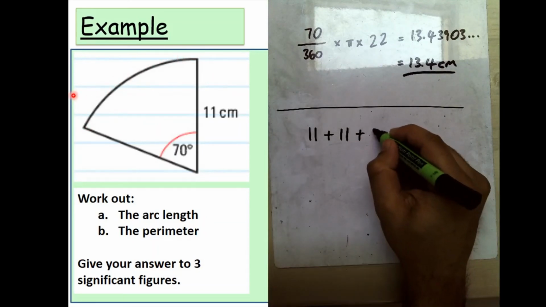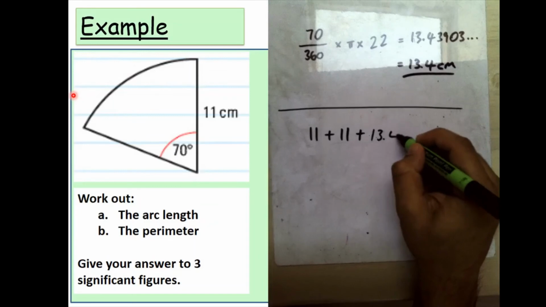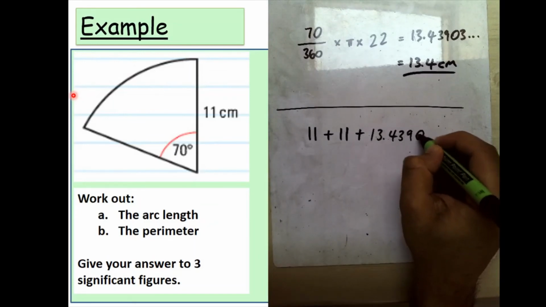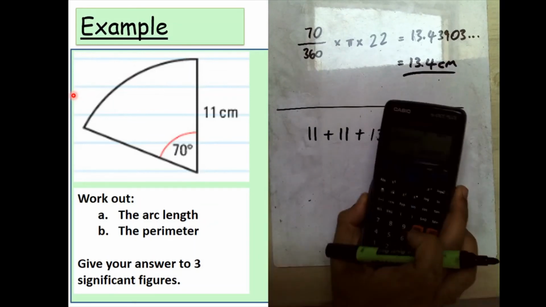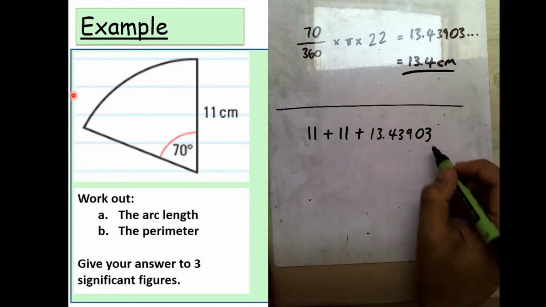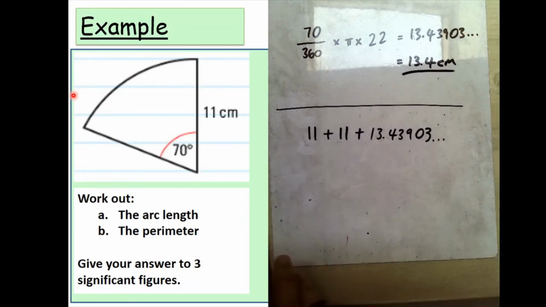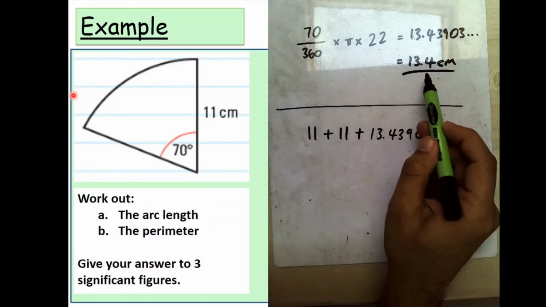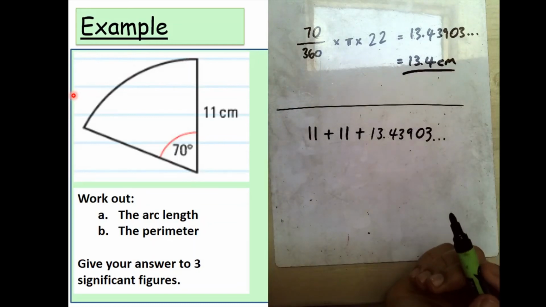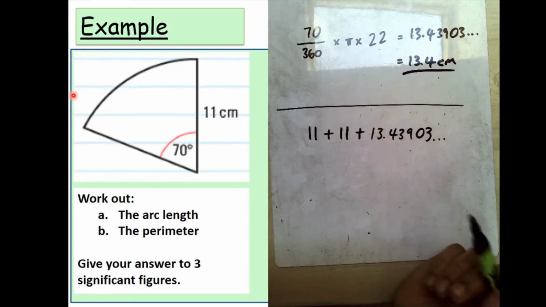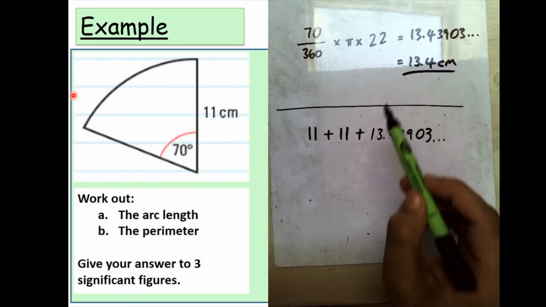So I am going to use the answer that's on my calculator. I haven't gotten rid of that answer from my calculator. The reason we do this is to preserve the accuracy of the answer. If we were to use our rounded answer, we may potentially lose a mark because, well, firstly, if you've rounded it wrong, you're going to make the same mistake again.